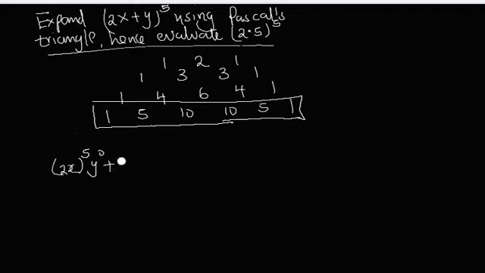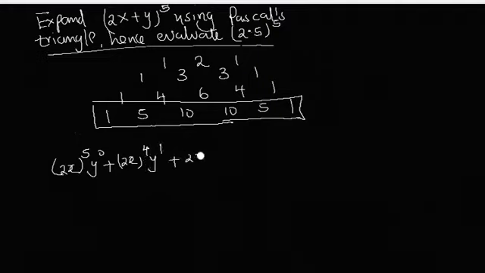Then we add 2x, we reduce the power downwards for 2x. So that is going to be 2x to the power of 4, y to the power of 1.